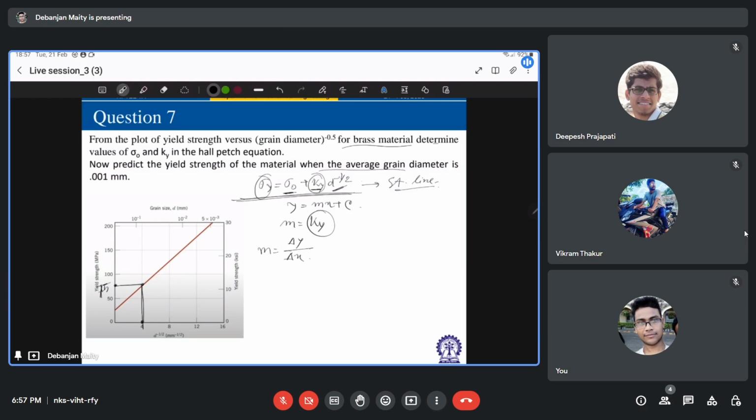And let's say you have 8 or take 12, anyone? Let's say take 12 value. How much is this coming? 175. Or else you can take also the 8 one. This will come similar. So tell me how much the slope is coming. That will be your ky value.